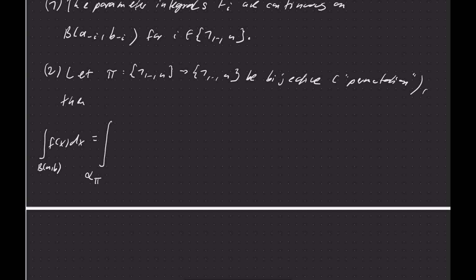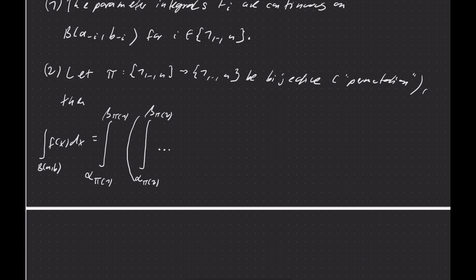So we're integrating over alpha pi 1 to beta pi 1. Then we're integrating over variable pi 2. And remember that just means any variable from 1 to n.